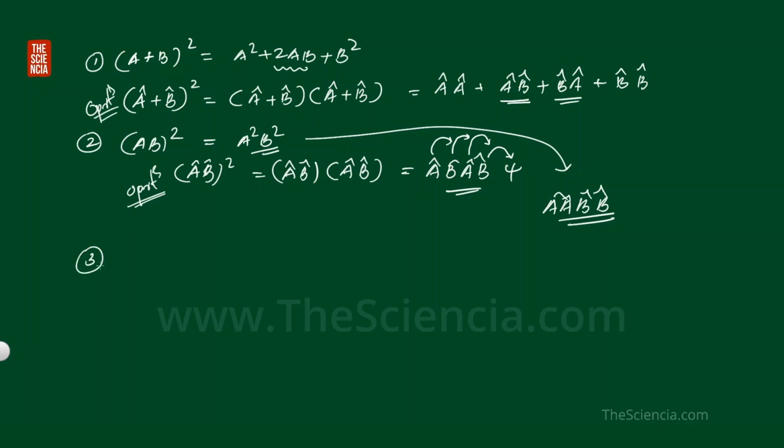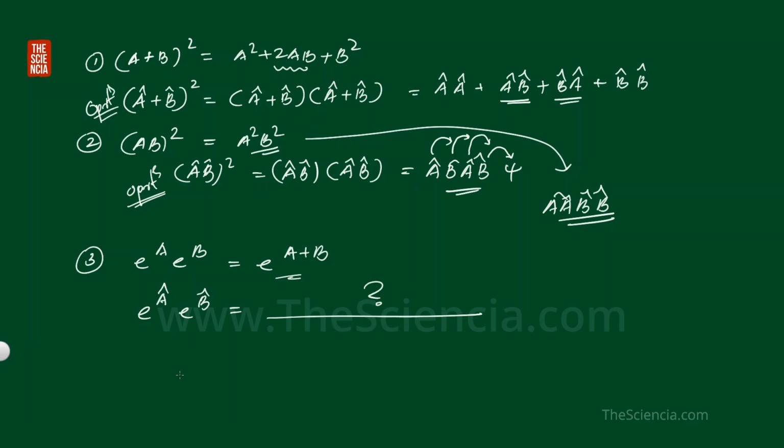Similarly, I told you another case, e raised to a times e raised to b. In our algebra, it is e raised to a plus b. But if these are operators, e raised to a cap and e raised to b cap, then this is not equal to that value. Then what is this value? That is what we are going to find out.